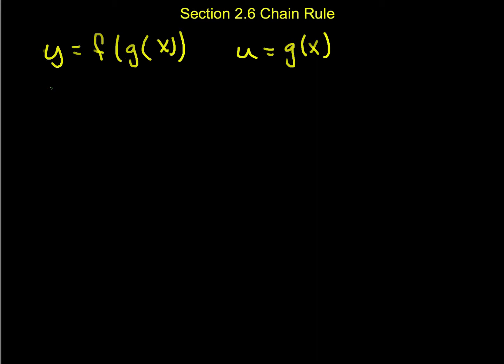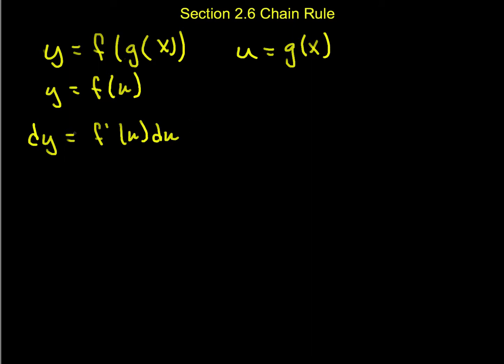And so, making that substitution, we know that y is f of u. So then what's the differential of y? Well, by definition, the differential of y is f prime of u du.